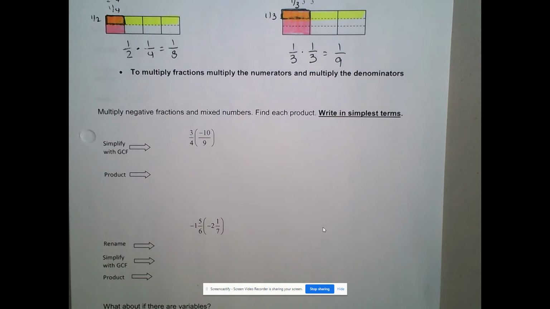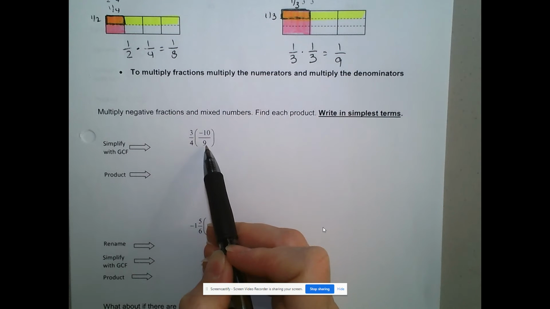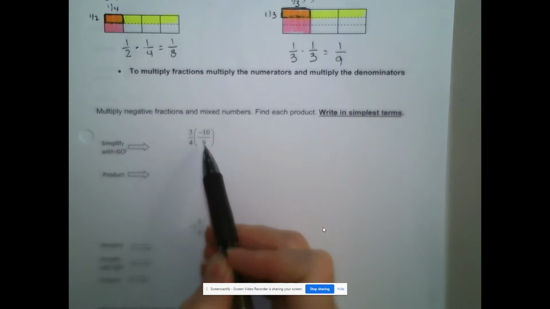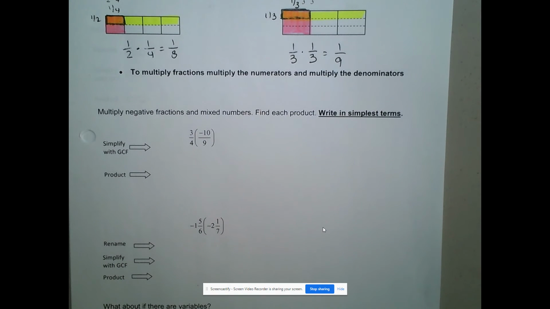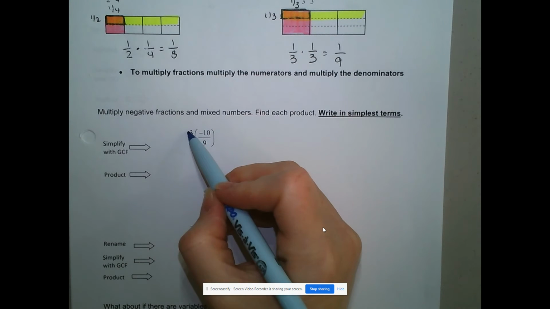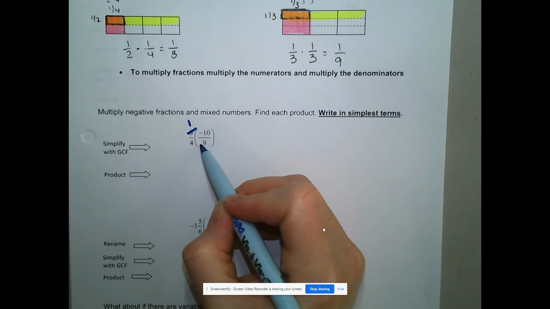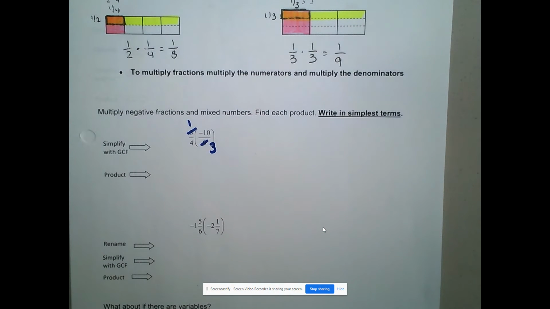So we're going to look and see if there's any numbers that are in the numerator that share something in common with a number in the denominator. For example, we've got a 3 in the numerator and we've got a 9 in the denominator. And I noticed that both of those numbers can be divided by 3. So if I do 3 divided by 3 and get 1, and 9 divided by 3 and get 3, I've just simplified the fraction 3/9 down to 1/3.